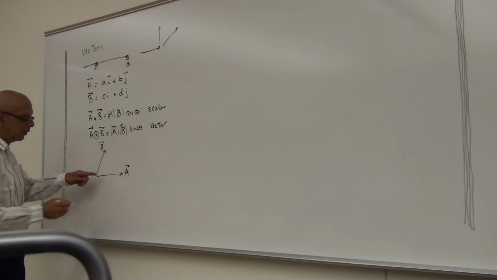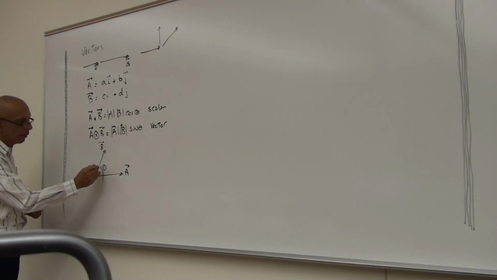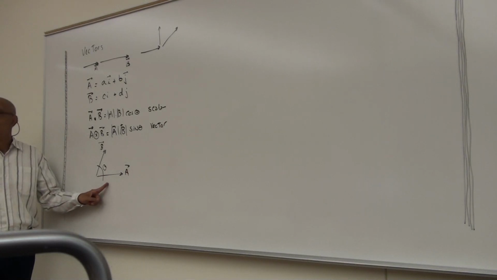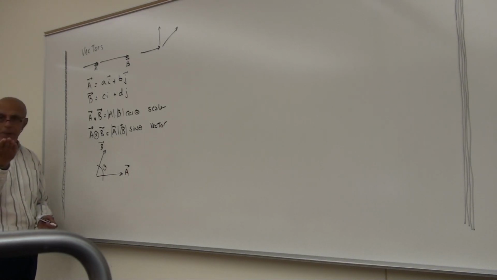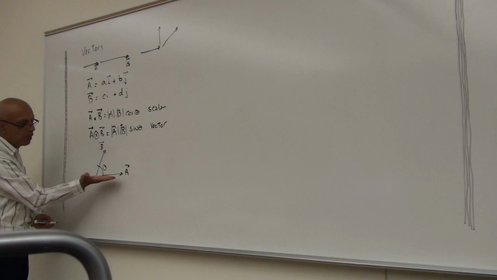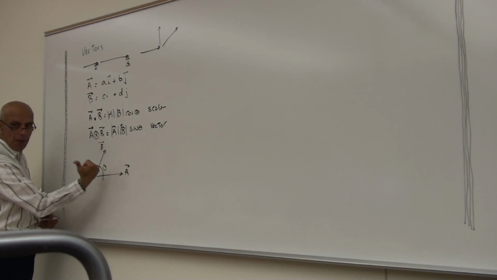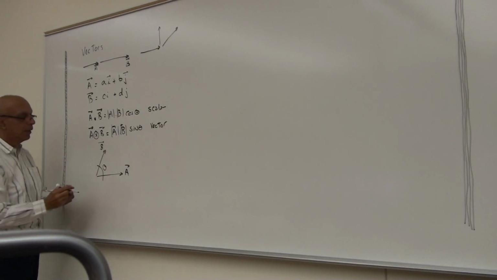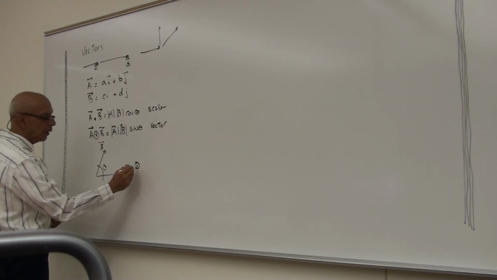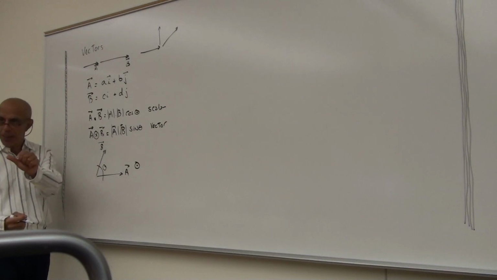I have two vectors, and there is an angle here. So I use my hand just like that, and I put A times B. I do like this, my thumb is pointing outside, so this is going to be going outside.